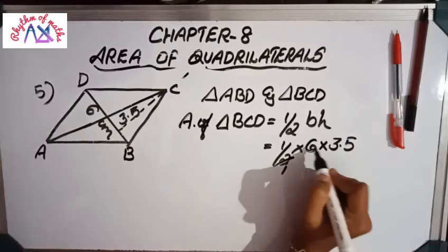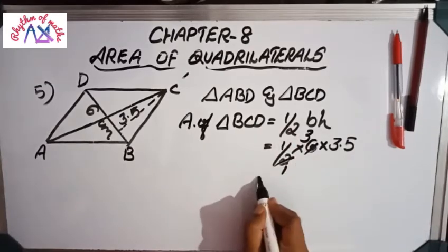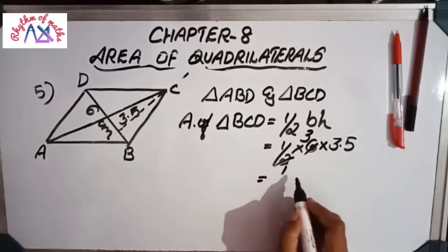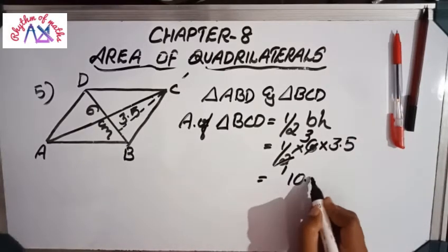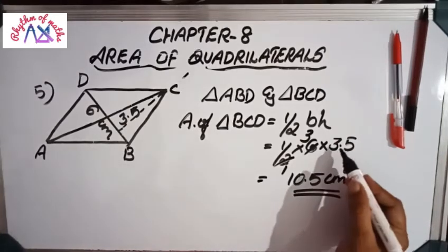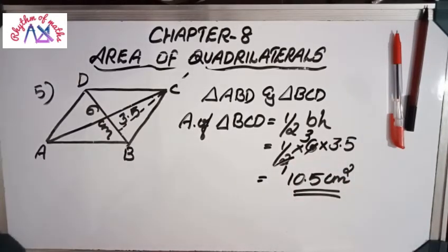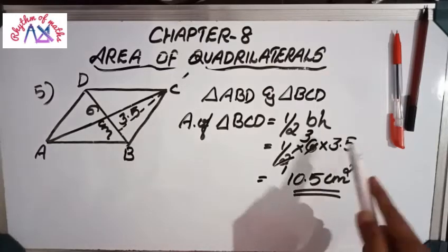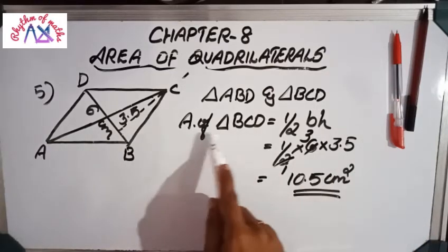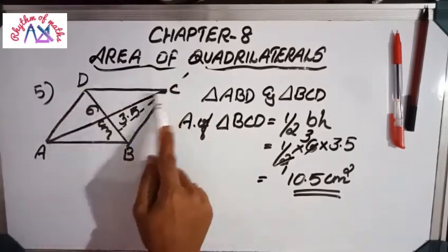In 2 only 1 2, in 6 3. Now here 3 into 3.5. 3 into 3.5 means it is 10.5 centimeter square. Because 3 3s are 9, then 0.5 plus 0.5 is 1, so 10, one more 0.5, that is 10.5 centimeter square is the area of this triangle BCD.